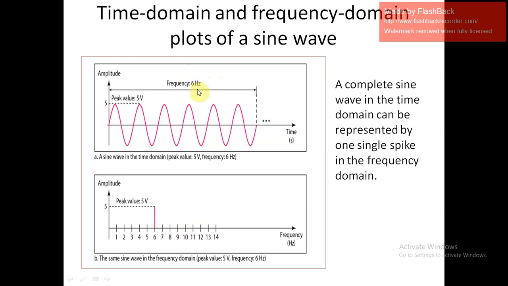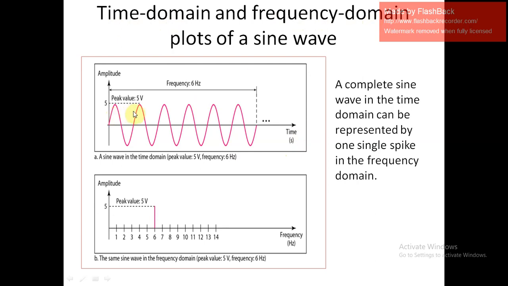Since it is 6, in the frequency domain representation you have a line spectrum at the frequency 6 with an amplitude equal to the amplitude of the sine wave, if it is a simple sine wave. This is the way you convert the time domain into the frequency domain.